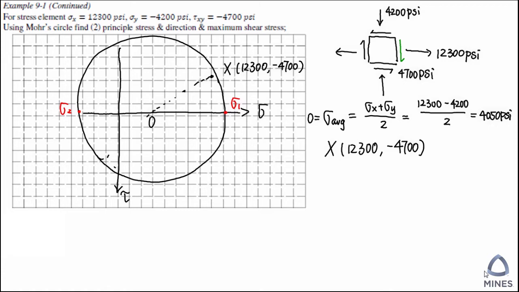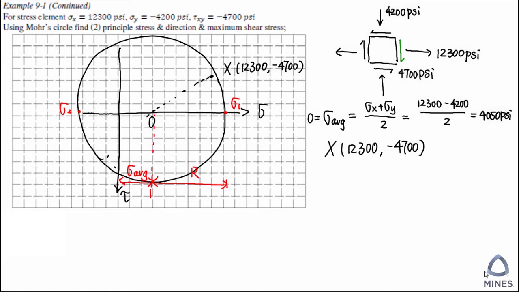In order to find the maximal normal stress, we need to find the distance from the origin all the way to this point. This distance is broken into two parts. You can see that's the center of the Mohr circle, and this distance here is the radius of the Mohr circle. So we have to find the radius of the Mohr circle first.